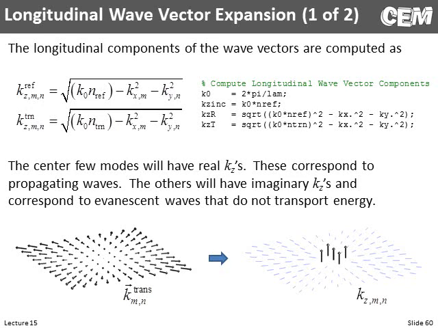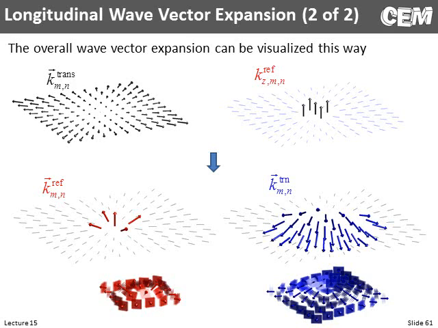The others are evanescent and cut off, and in fact don't contribute to pulling power away from the device. So we ignore them. And here's our visualization of the longitudinal components and then the overall spatial harmonics on the reflected and transmitted sides. These also should not be a surprise to you if you've been listening to previous lectures.